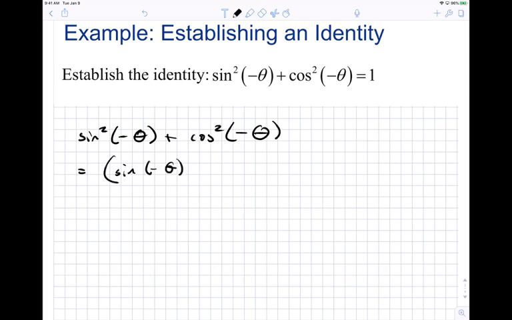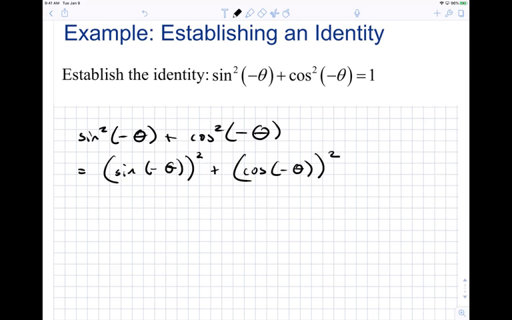Is that okay? That's what we mean by sine squared of negative theta. I'm just applying the definition of the exponent. Is this okay, what I've written? Okay, and I'm going to do the same thing for this one. This should be the same as cosine of negative theta quantity squared. I think this is okay. So now, earlier we said because sine is odd, sine of negative theta becomes what?